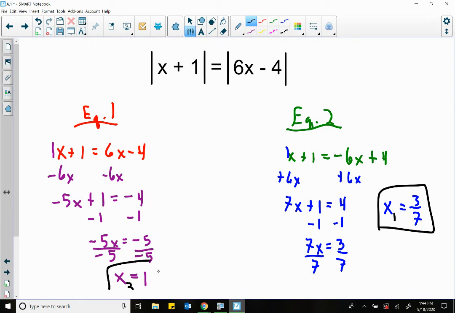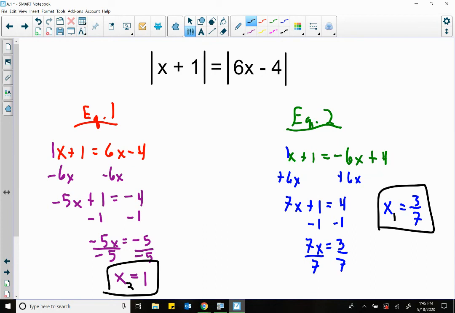There's your x2, which is the number 1. And again, you can plug these in and check them, and you will get two values that equal each other. Okay? And that's it. That's how you solve absolute value equations. First, make sure your absolute value is by itself. Then, make your two equations.